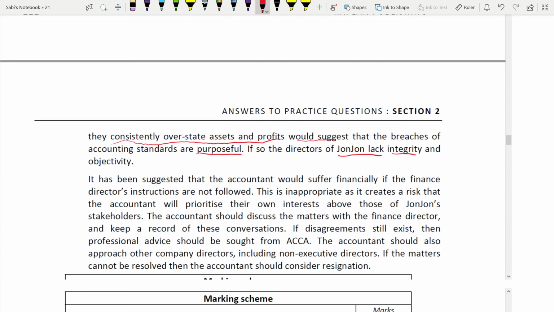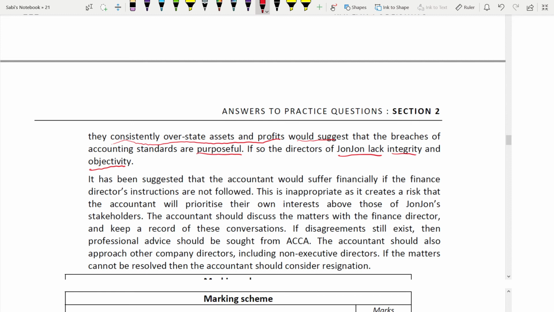One is integrity. They are not honest. They are not straightforward. Objectivity, they are not objective. Why? Because their decision is biased. Because the loan which they have taken is based on two things: assets and profit. Both of them should be high. So they have a self-interest there. Because they have a self-interest, they cannot take a decision objectively.